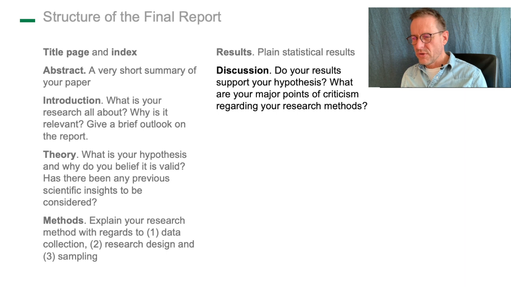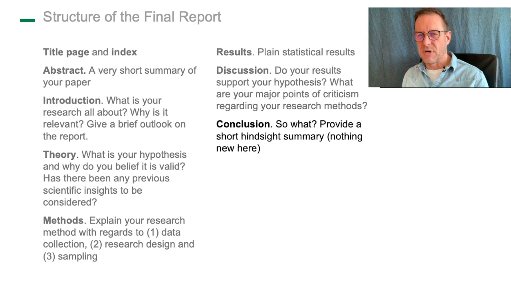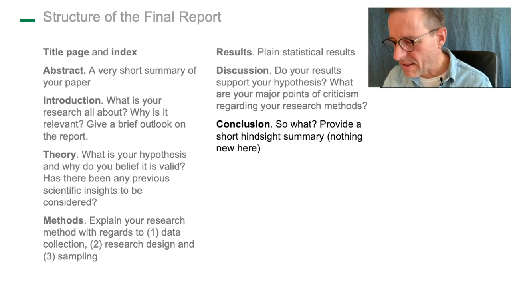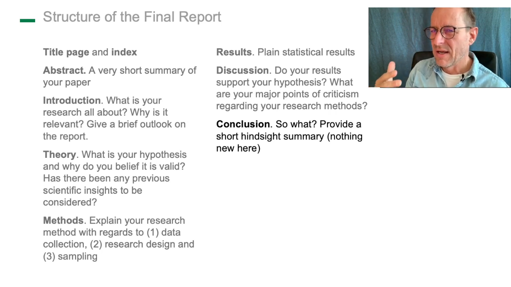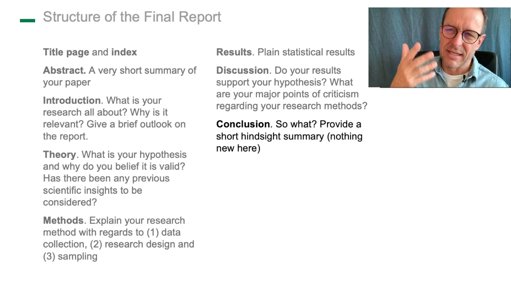Okay, so you criticize yourself, yeah. So and then comes the conclusion. The conclusion is the final part of your thesis, and you look at your thesis in hindsight, so to speak, right? So the fundamental idea with the conclusion is that it's really a summary with everything already laying on the table. And if a reader doesn't want to read the entire piece, just read the conclusion. It's a summary in hindsight.